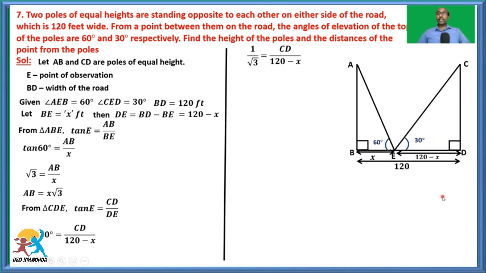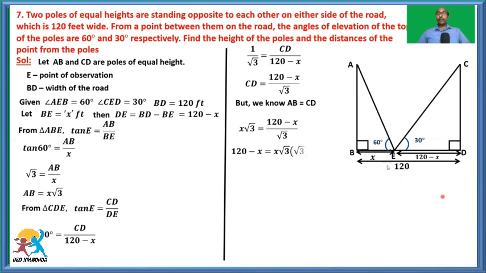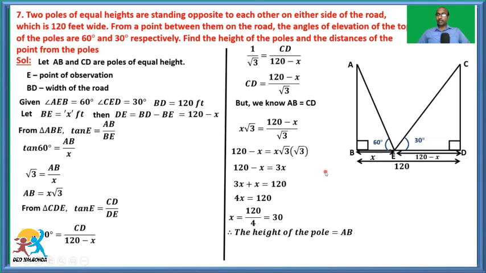So 1 by root 3 is equal to CD by 120 minus x. CD is equal to (120 minus x) by root 3. But we know AB is equal to CD because they are of equal height. So now substituting both AB and CD values, and by simplifying, we get 4x is equal to 120 and x is equal to 30.